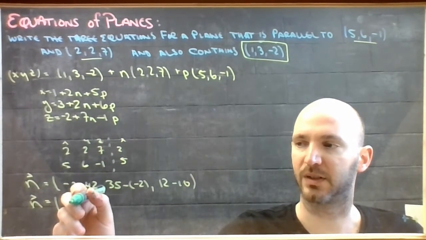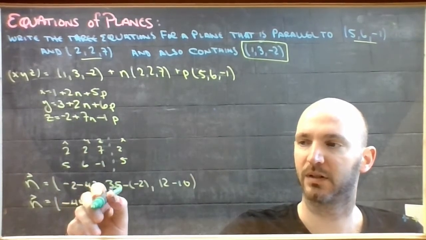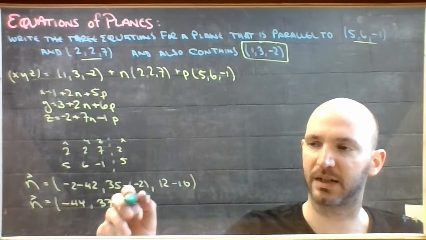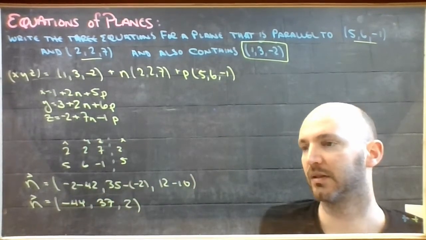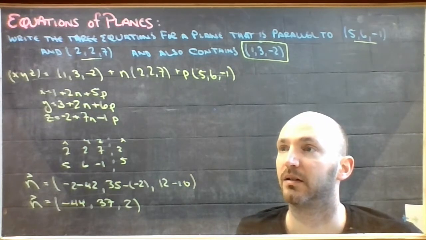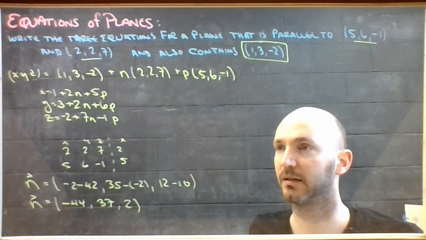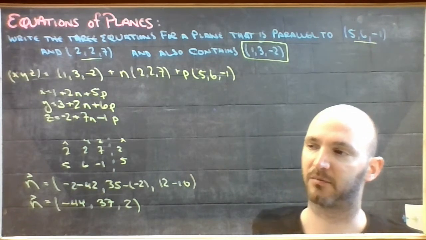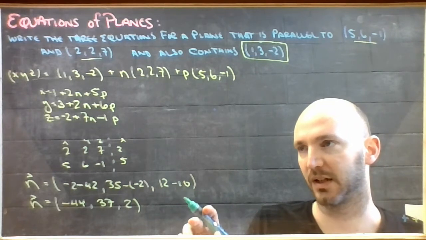-2 minus 42 is -44. 35 minus -2 is 37, and 12 minus 10 is 2. All right. So I need to double check these to make sure that my normal actually ended up perpendicular.